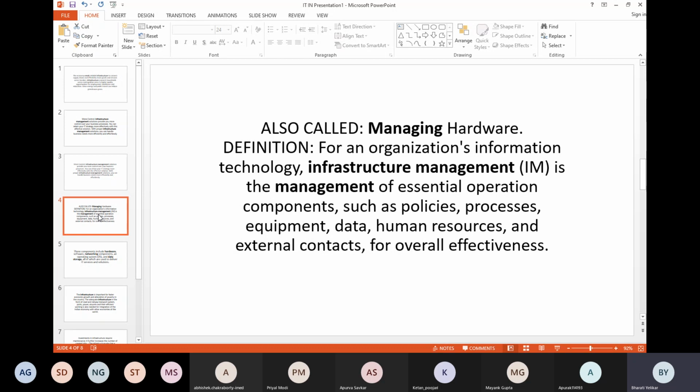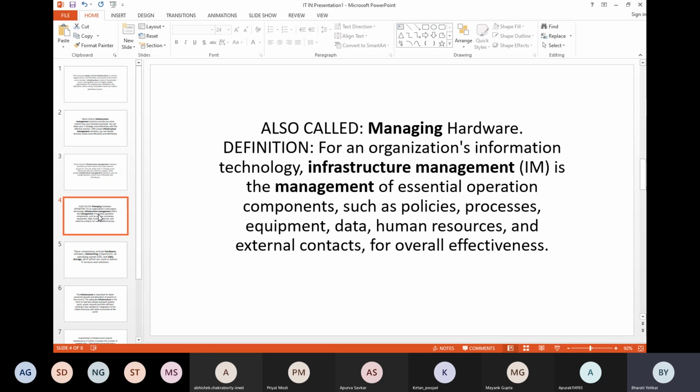Now, it is also called managing hardware, in case of information technology, as I said. So, for an organization's information technology, infrastructure management is the management of essential operation components such as policies, processes, equipment, data, human resources, and external contacts for overall effectiveness.